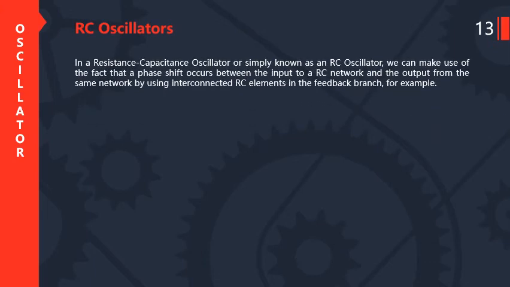In resistance capacitance oscillators, or simply RC oscillators, we can make use of the fact that a phase shift occurs between the input to an RC network and the output from the same network by using interconnected RC elements in the feedback branch.